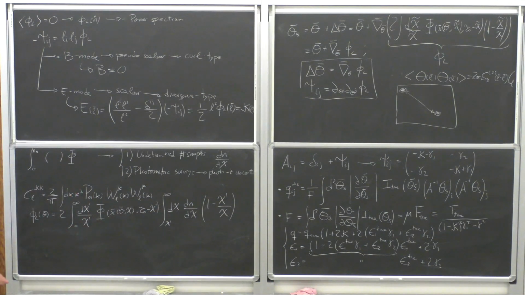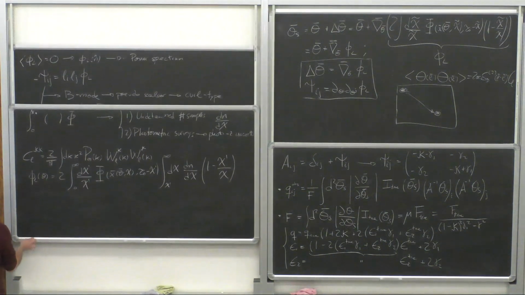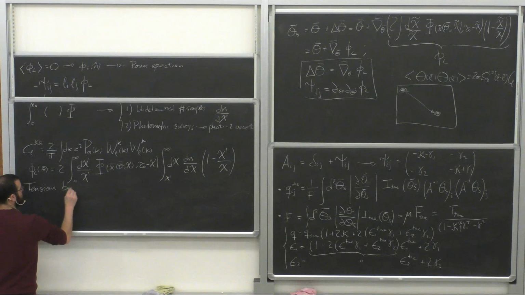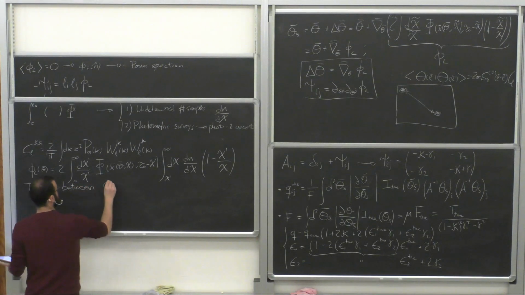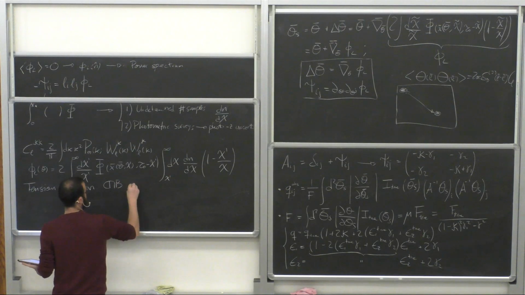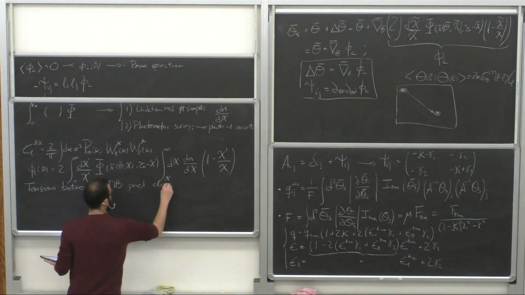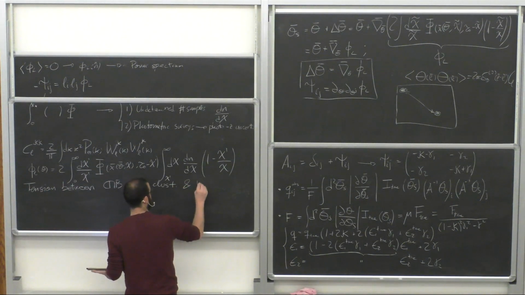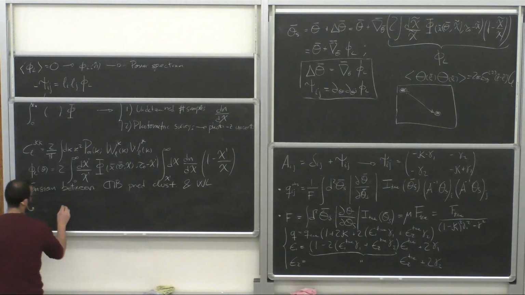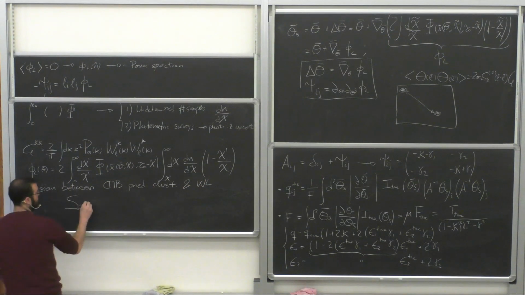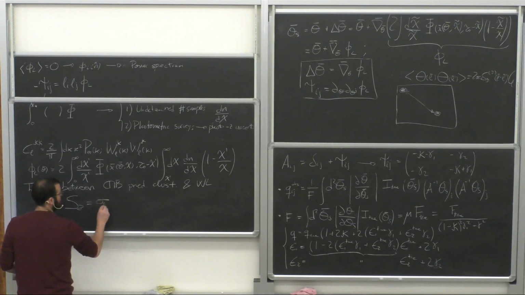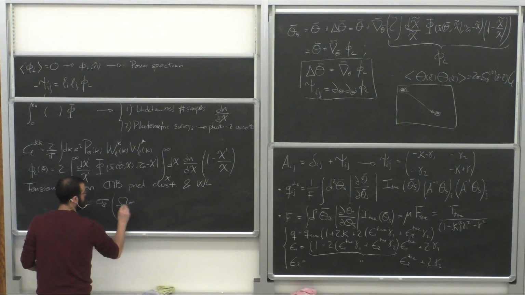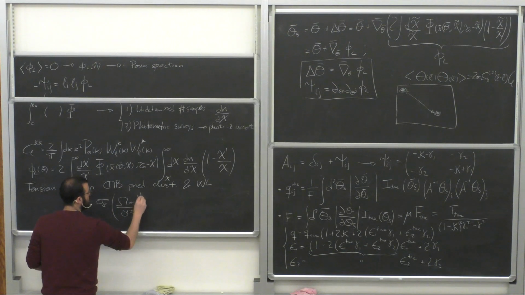And this is why the tension between the CMB prediction for the clustering and the galaxy weak lensing is always stated in terms of a variable that is S8, capital S8, which is basically the sigma 8 that we defined at the beginning of the class, times omega matter over 0.3 to the 1/2.